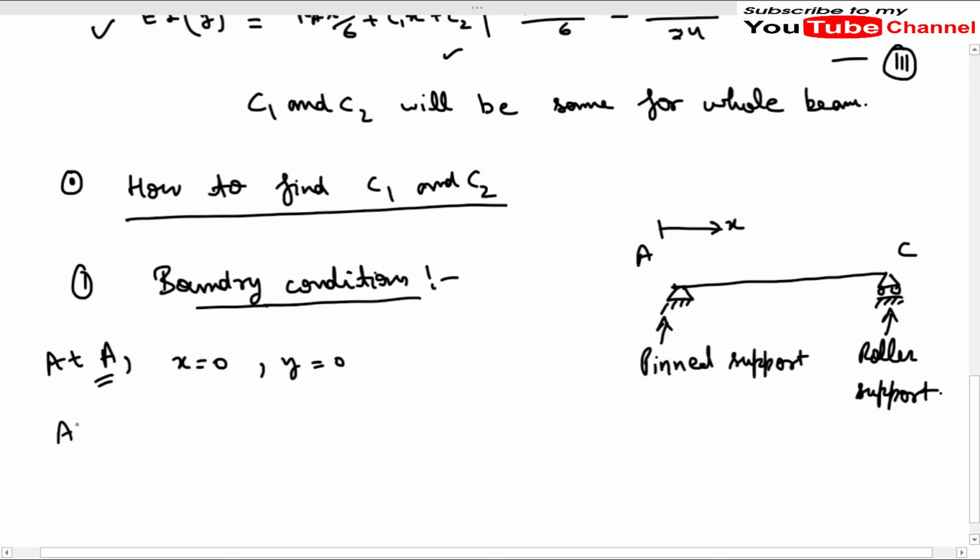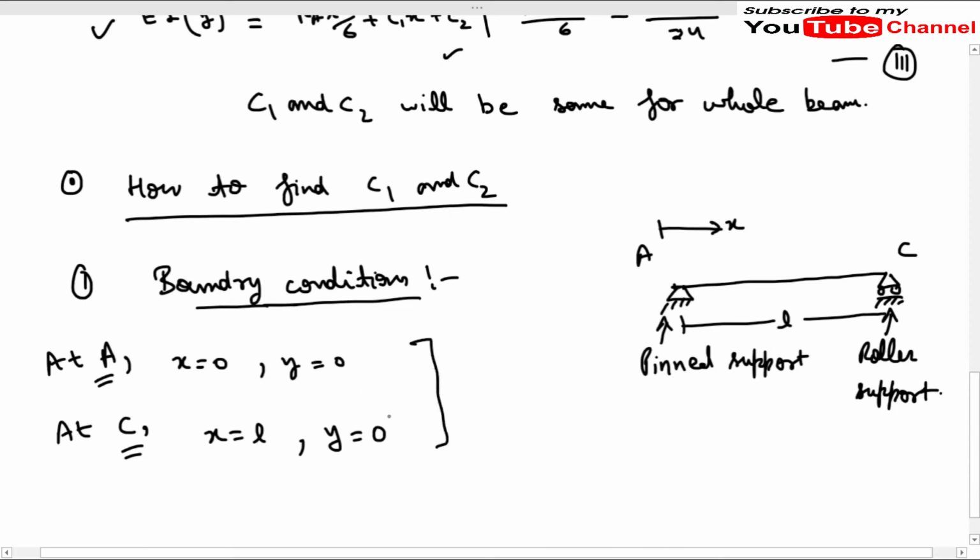And the other condition which we can use is at C, x is equal to L. What is L? L is the whole length of the beam. At x is equal to L, y will also be 0, because at a roller support we also cannot have any type of deflection. We can only have a rotation at a roller support or at a pin support. So we have these 2 conditions.